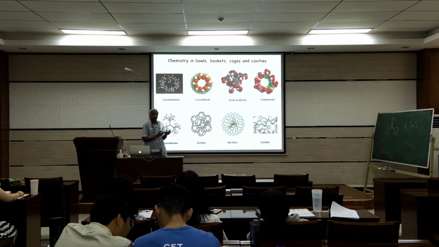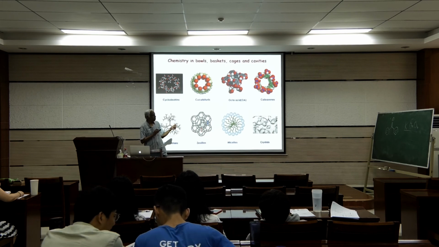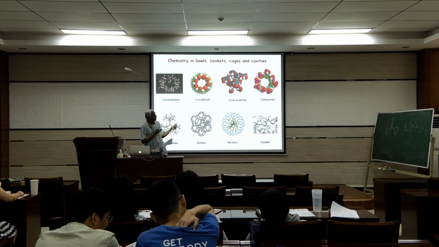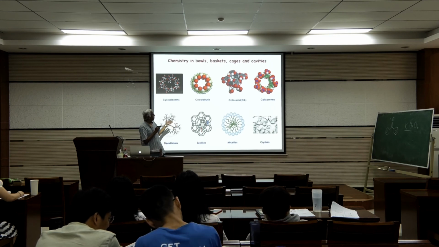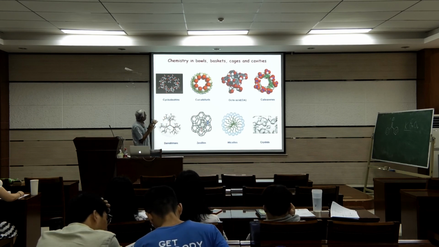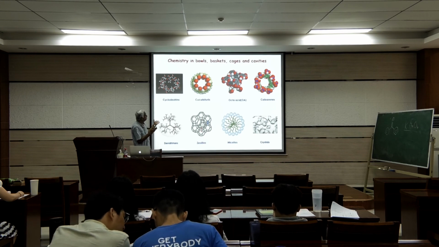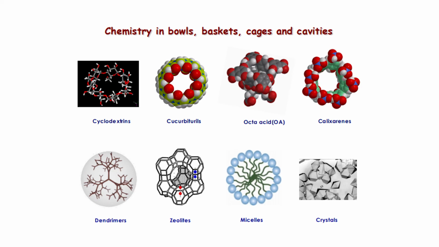This compound is water soluble. If you have an organic compound which is not water soluble, it can be pushed to go in here. All these structures, 1, 2, 3, this one, are very similar. They are all water soluble. And more important is this empty space: the organic compound that is not water soluble will go inside and stay there, because it does not want to be in water.